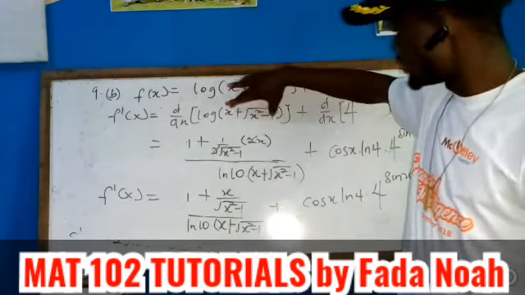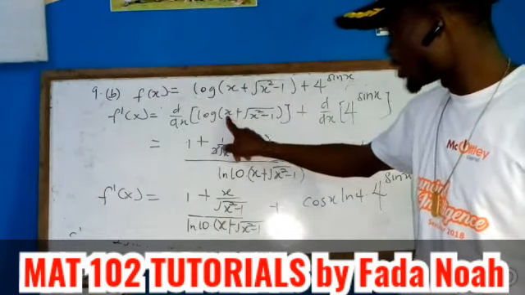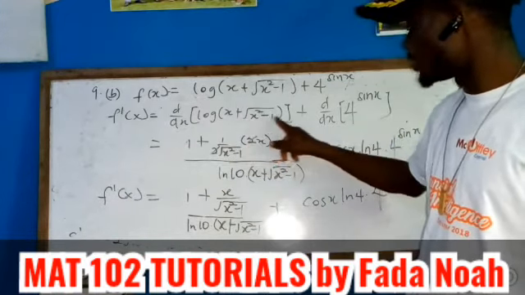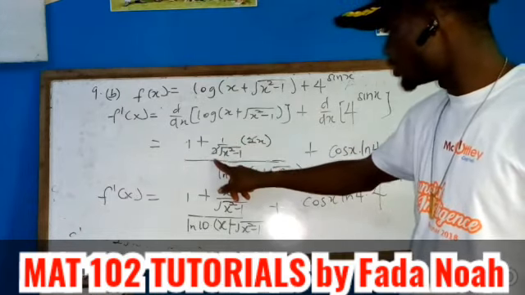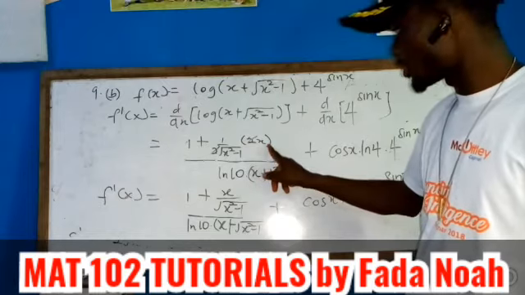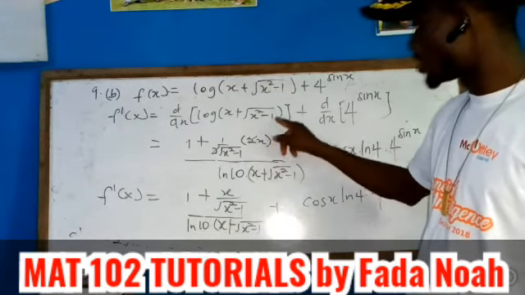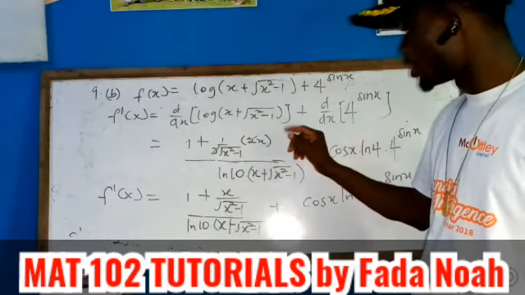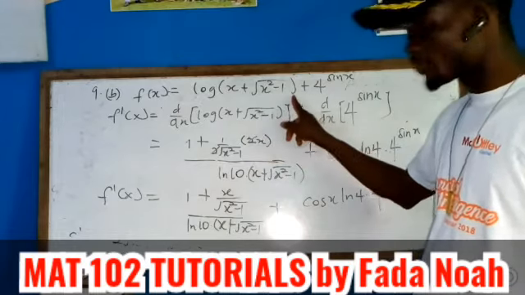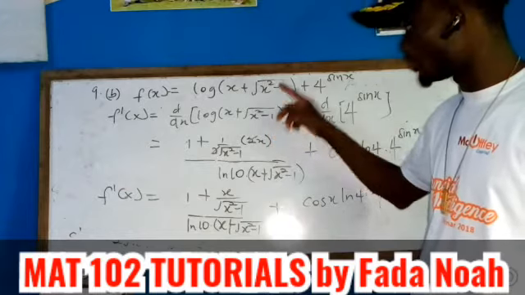So when we find the derivative of the function inside the log, the derivative of x will give us 1, and for the square root of x squared minus 1, you get 1 over 2 square root of x squared minus 1, times 2x. Okay, how do we get it? We can write it as x squared minus 1 exponent 1 over 2. So you drop the exponent, which is 1 over 2, and subtract 1 from the exponent, which gives x squared minus 1 exponent minus 1 over 2.